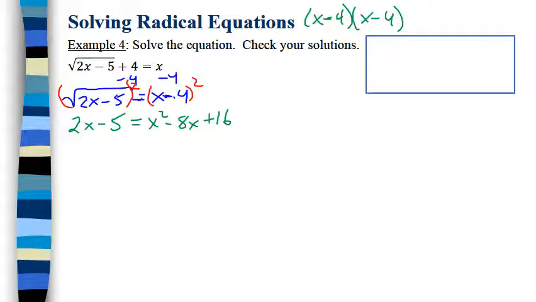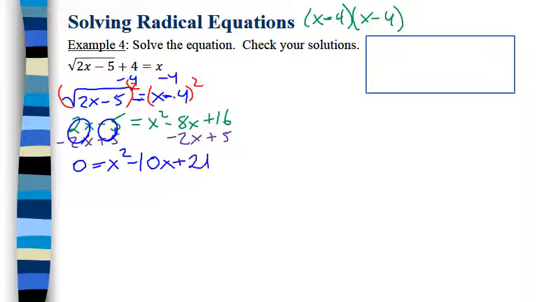Okay, so now it looks like a quadratic problem that we had back in Unit 2. So let's go ahead and subtract 2x from both sides. And I'll add 5 to both sides. And on my next line now I have 0 equals x squared minus 10x plus 21.